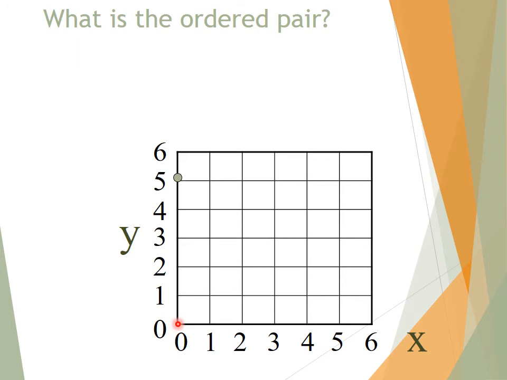So we do not have to move anywhere along the x-axis. So we can say that the x coordinate will be 0. Now to find out the y coordinate, let's move along the y-axis, and we can see that we have moved 5 times. So the y coordinate will be 5. So the final ordered pair will be 0, 5.